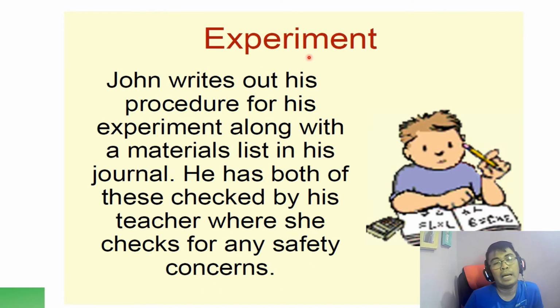Now, as to the experiment, John writes out his procedure for his experiment along with the material list in his journal. He has both of this checked by his teacher, where she checks for any safety concerns. Remember, students, that you need to conduct an experiment with guidance or supervision of an adult. Probably you can have your teacher, parents, or any experts or adult ones. Okay?